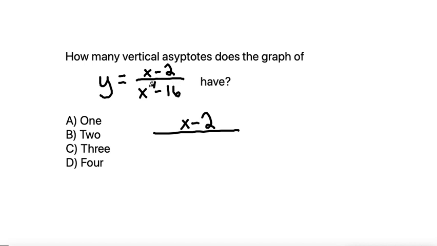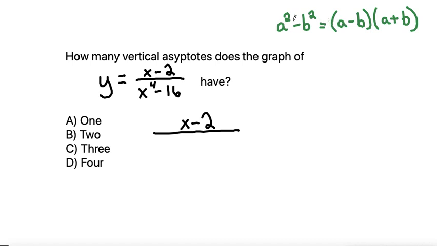So I'm going to recognize that as being a difference of squares type of formula, because if we remember our difference of squares formula, it's a squared minus b squared is equal to a minus b times a plus b.